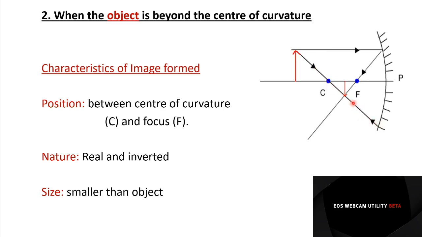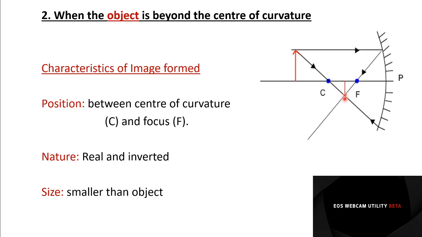It is reflected back along the same path. So this is the incident ray and this is the reflected ray as well. Then the next, second convenient ray, a ray incident parallel to the principal axis. After reflection, it will pass through focus. All right. So this point of intersection now, if we drop a perpendicular from the principal axis, we get the image. Clearly, we see this image is inverted with respect to the object. So it is a real image.